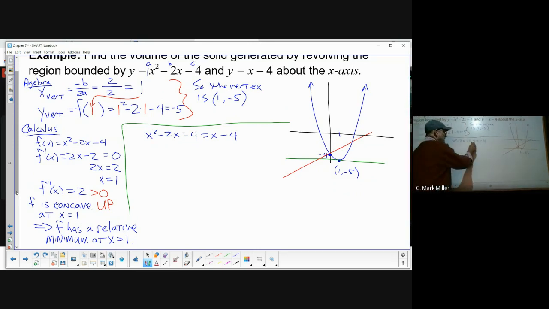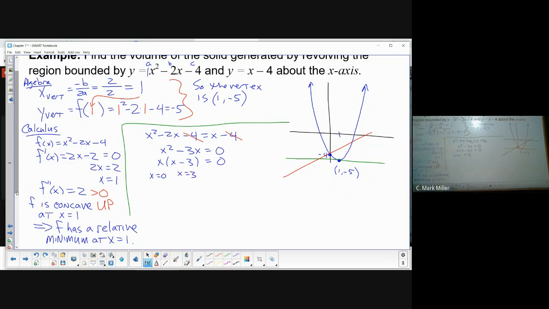And so I get x squared minus 3x equals 0. x times x minus 3 equals 0. So x equals 0 and x equals 3 are places those two intersect. And so the other coordinate right here is going to be an x coordinate of 3, a y coordinate of 3 minus 4, which is minus 1.